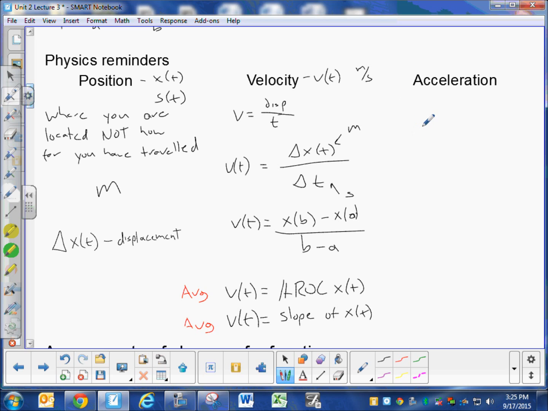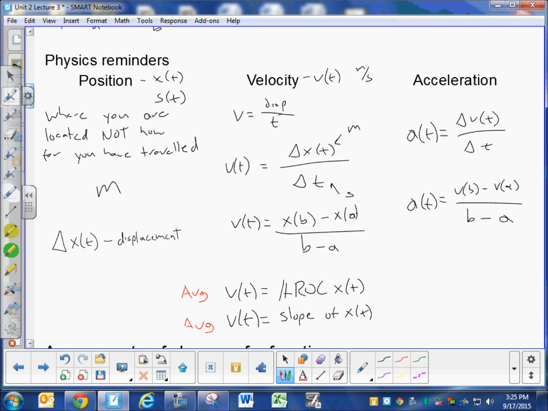Acceleration is going to be the change in your velocity over your change in time. And we can say, well, the change in my velocity is just the change in my velocity from one point to the other divided by my times right there.